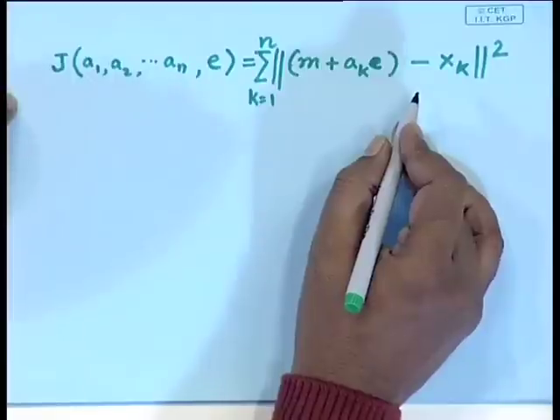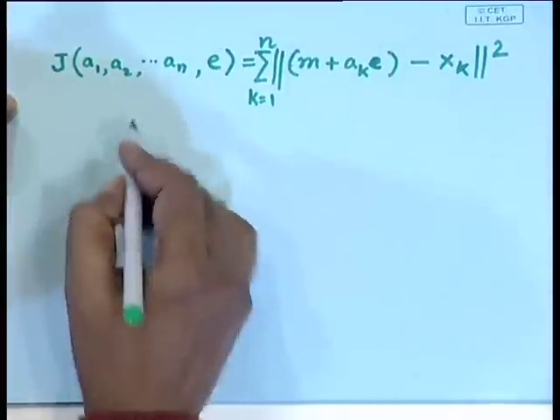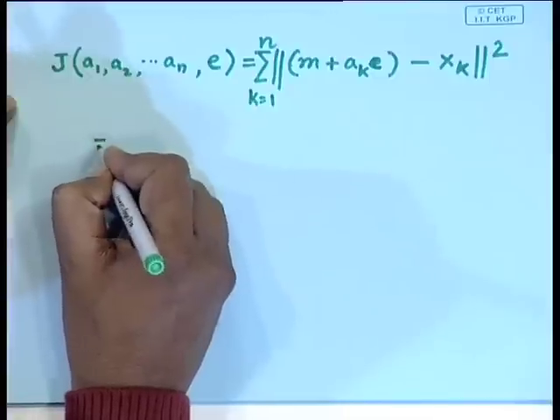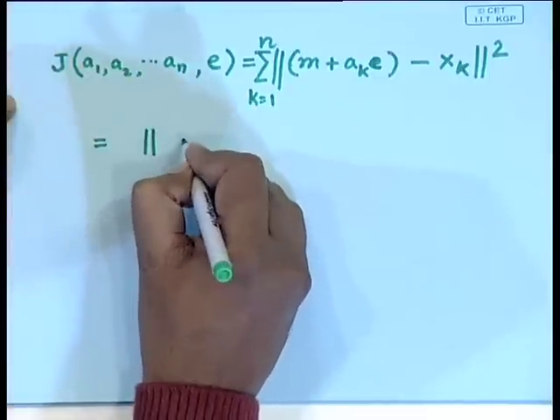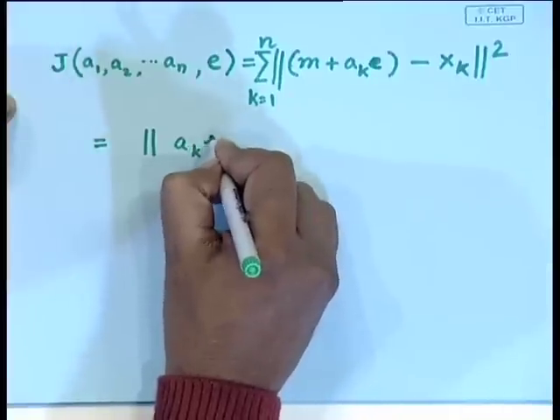So given a line, how are the feature vectors to be mapped onto different points on the straight line, so that your sum of squared error is minimized.